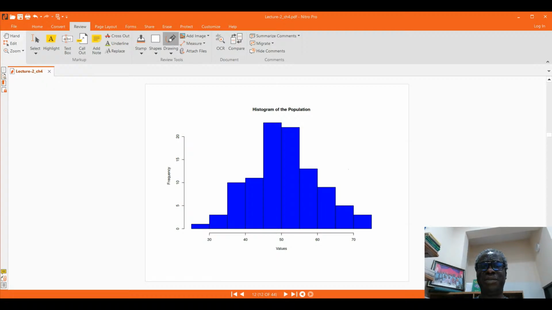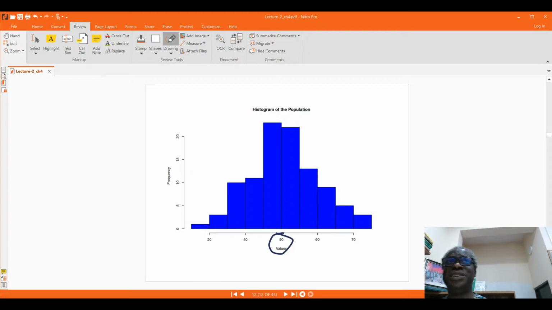As you have been told, here is the center, which represents the mean of the population. You are already familiar with this kind of shape. This is a normal shape.